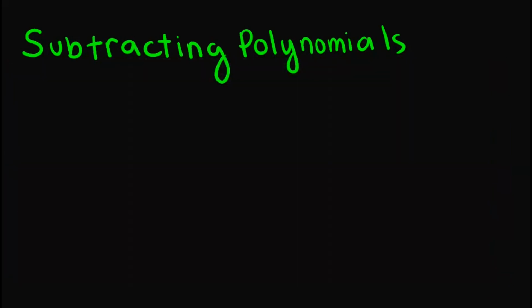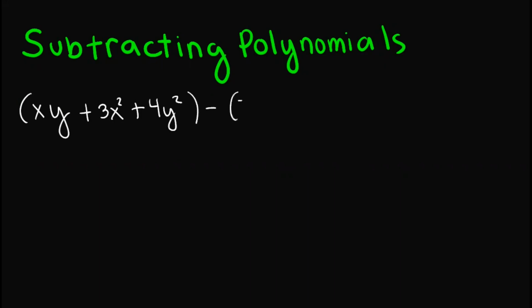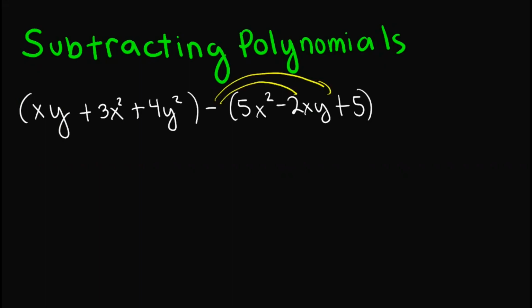Let's have this third example. If we have xy plus 3x squared plus 4y squared minus 5x squared minus 2xy plus 5. So to solve this one, again, first distribute the negative sign to these 3 terms.